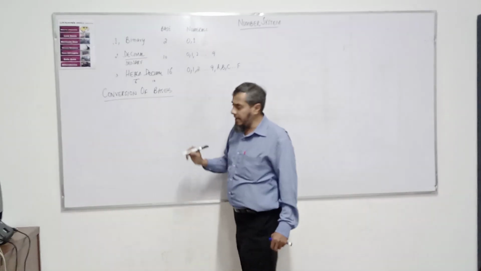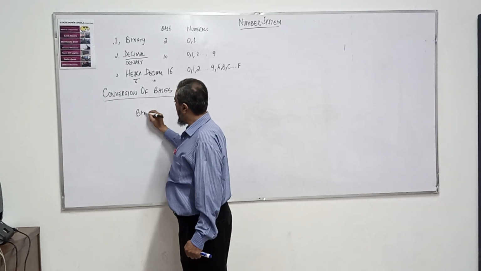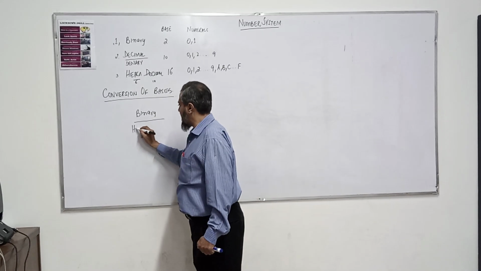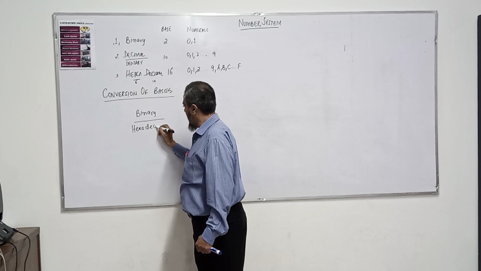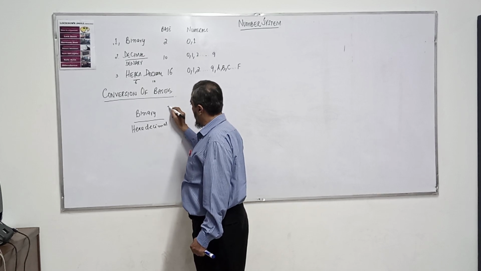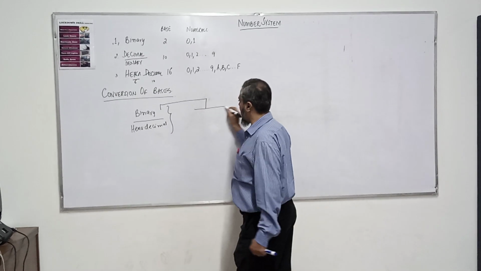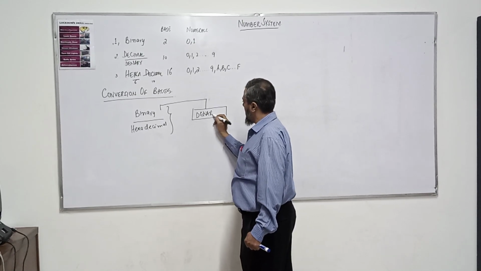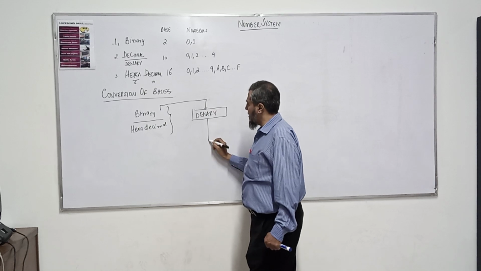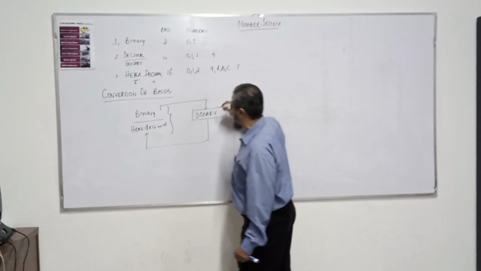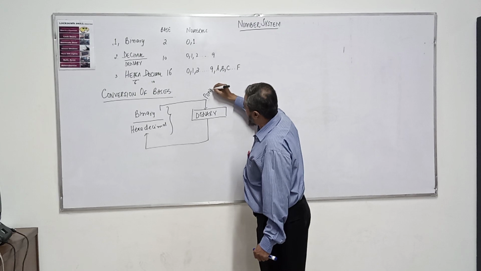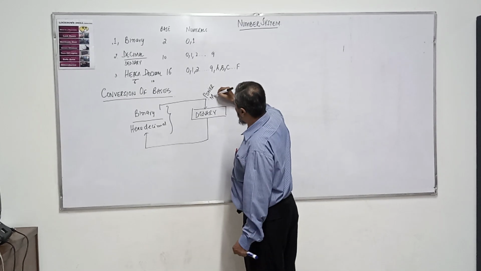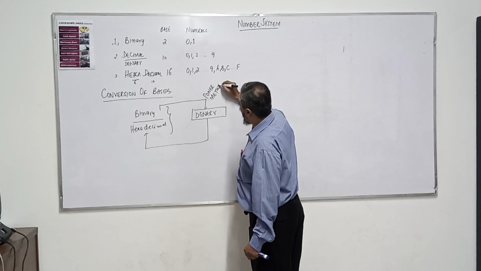If the value is given in binary or the value is given in hexadecimal, you can convert it to denary first, and for the denary you will use a system that is called the power method. We'll apply the power method in a minute.